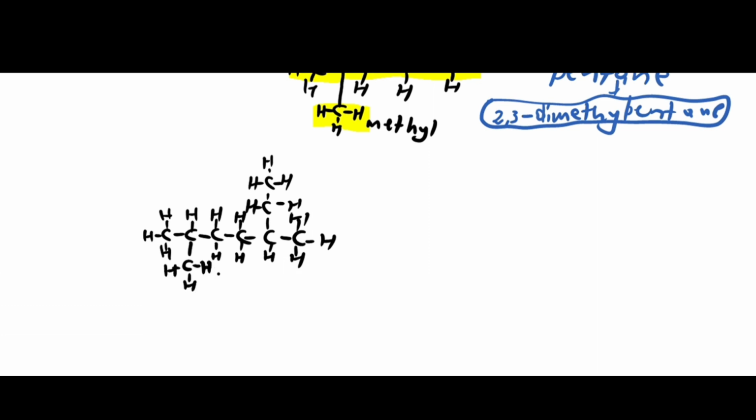The first thing that you need to do is to identify the longest chain. Longest, that is the parent, that is the first thing. Okay, this is carbon number 1 2 3, not longest. 1 2 3 4 5 6. Okay, 1 2 3 4 5 6 7. This is the longest chain.